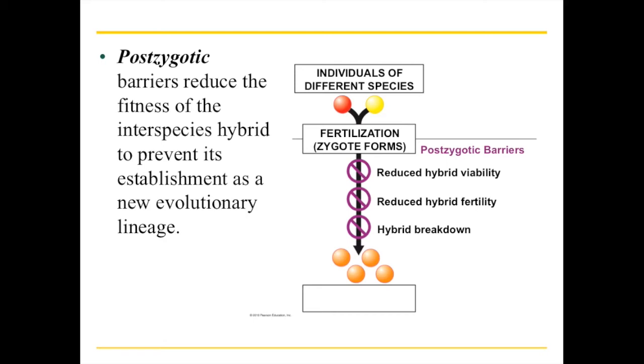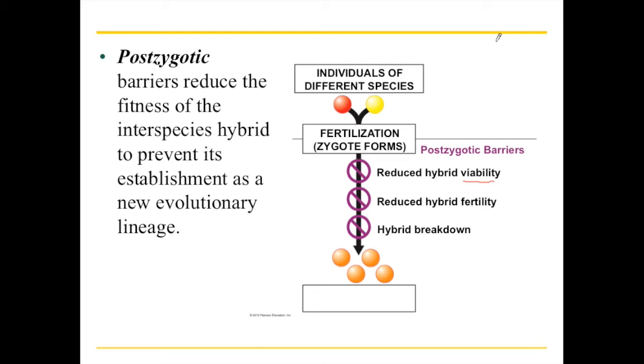The first one, in fact, is called reduced hybrid viability. And that may mean that at any point after the zygote has formed, the embryo no longer develops. The genetic material is incompatible. This can happen sooner in development or later in development, but however it happens, you don't end up with a new organism. So hybrid viability means that the organism does not make it to sexual maturity.